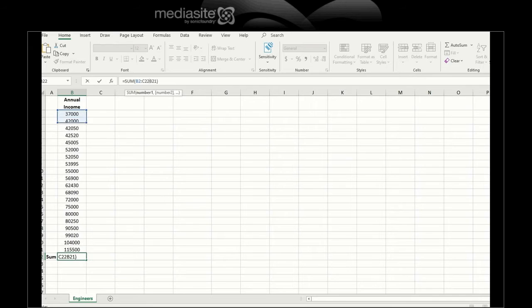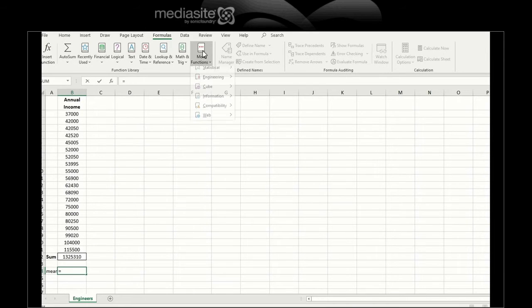All right. Something else we could have done with data is mean. And so I could have also done equal, what? I want to do some formulas.